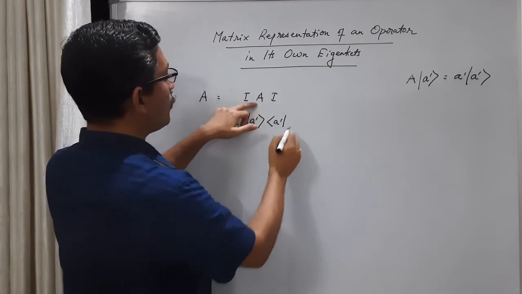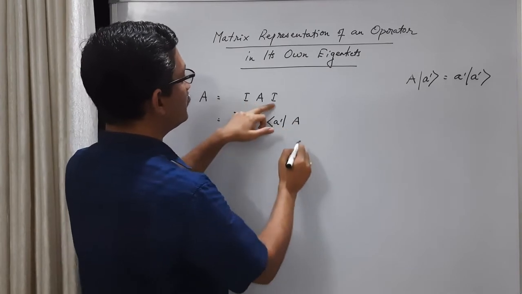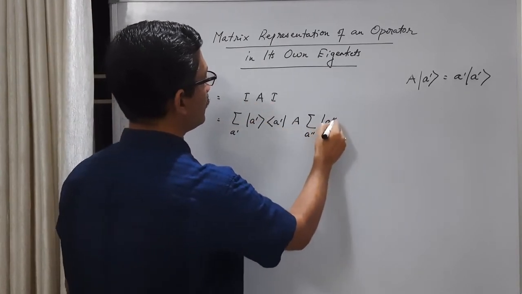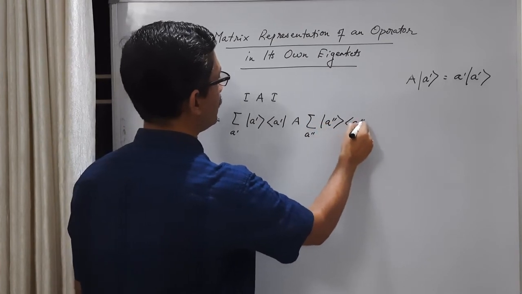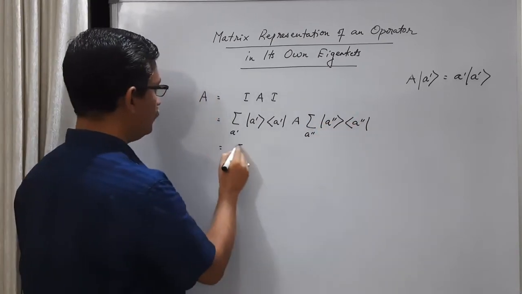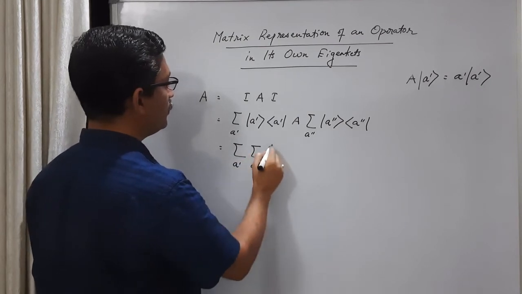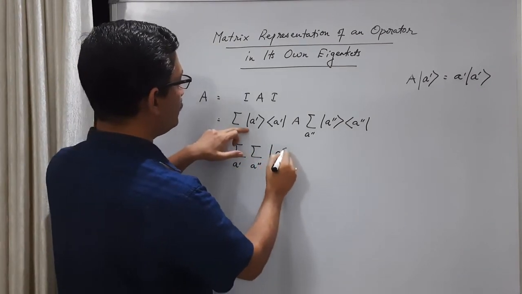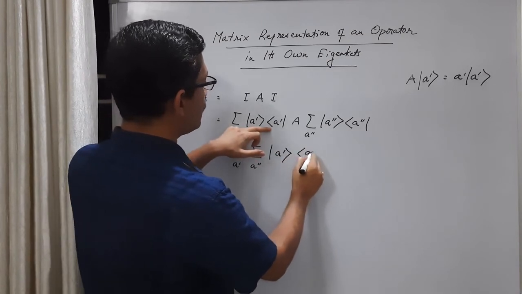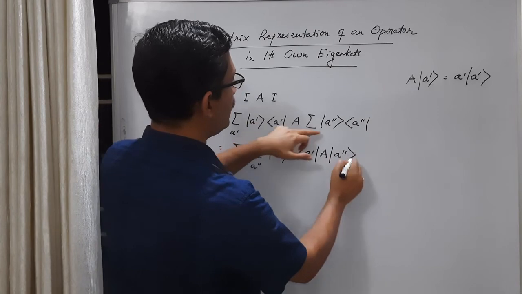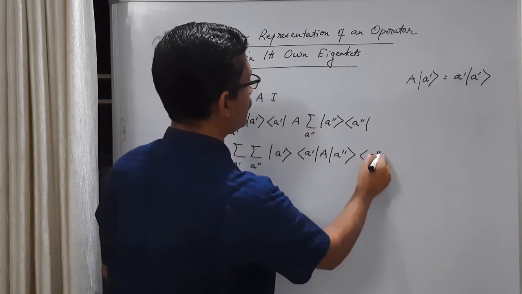Then your operator is here, and instead of this identity, summation over A double prime, ket A double prime, bra vector A double prime. So if we take the summations together: ket A prime, bra vector A prime, operator A, ket A double prime, bra vector A double prime.